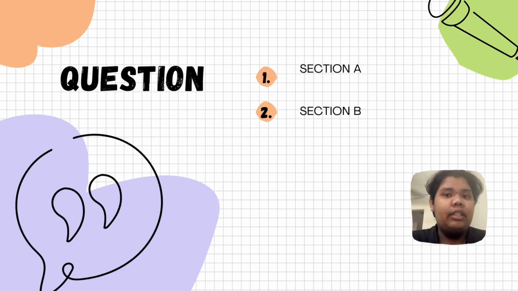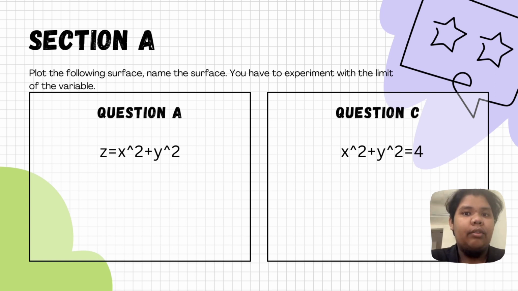So for the assignment, we are given two sets of questions, which is section A and section B. For section A, the question is to plot the following surface, name the surface, and experiment with the limit of the variables.